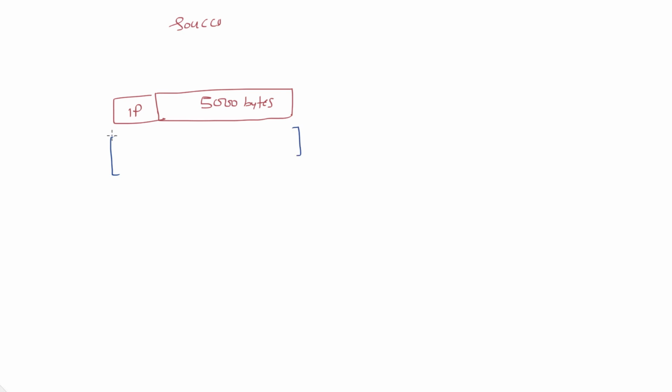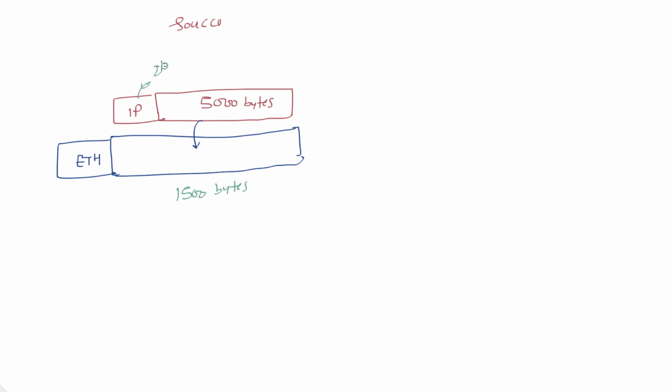So there will be an Ethernet header, and then this total cannot exceed 1500 bytes. But suppose the header is 20 bytes only, then this total is 5020 bytes, but it cannot exceed 1500 bytes according to Ethernet.